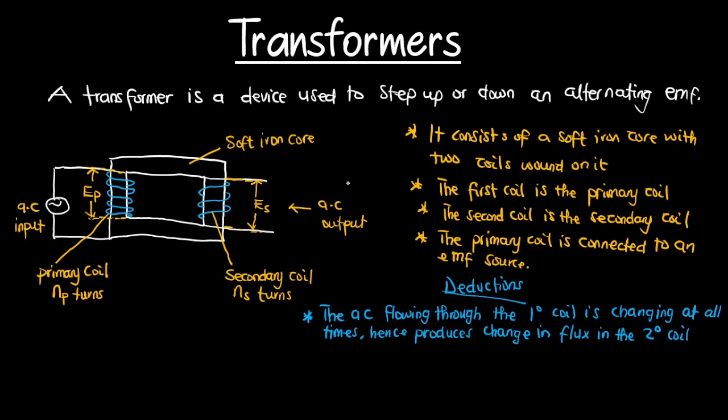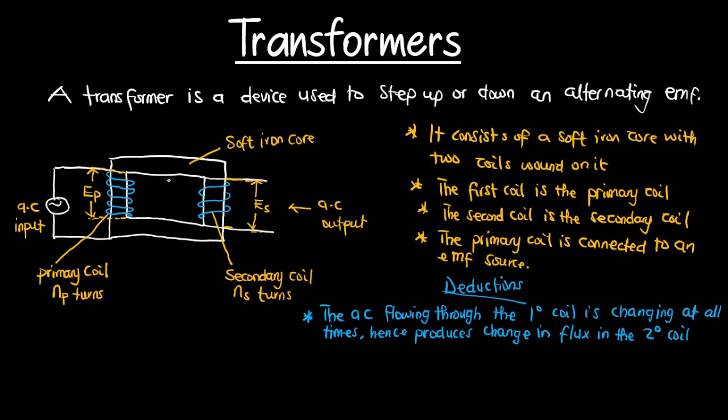Now another thing is the flux that is produced in the primary coil is proportional to the number of turns and then the current moving through the coil. So if we look at the primary coil over here, the flux produced by the AC input is inducing another flux to be produced in the secondary coil.